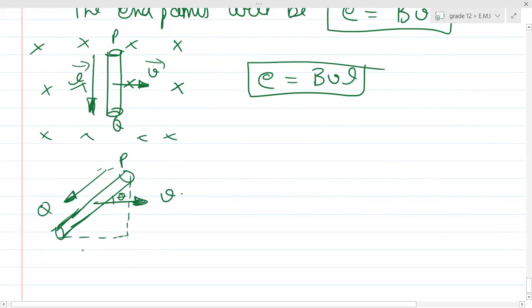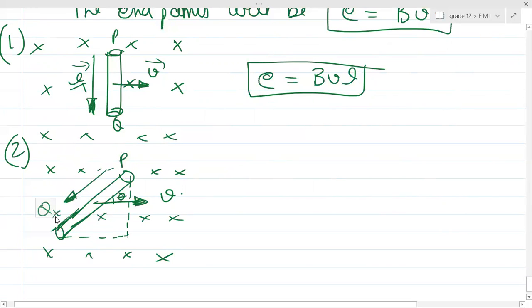Okay, so if suppose this is the case, guys, how will you solve it? Can anyone tell me what will be the EMF in this case? Can you see the angle between length and the velocity? The length vector is like this, PQ. Can you see the angle will be like this? This will be the angle.